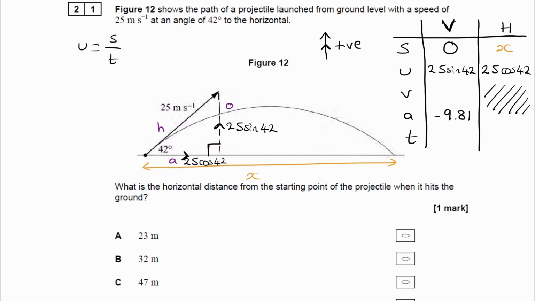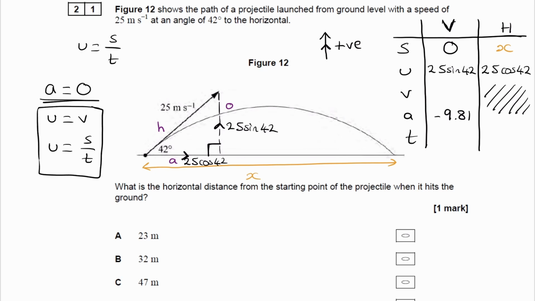So if you were to actually put acceleration equal to 0 into your SUVAT equations, you'll end up fundamentally with just two equations. You'll end up with initial speed is equal to final speed, which makes sense. If there is no acceleration, the velocity won't change. And you'll also end up with speed is equal to distance over time. So these are the two equations you'll end up with when you put acceleration to be 0 into your SUVAT equations.